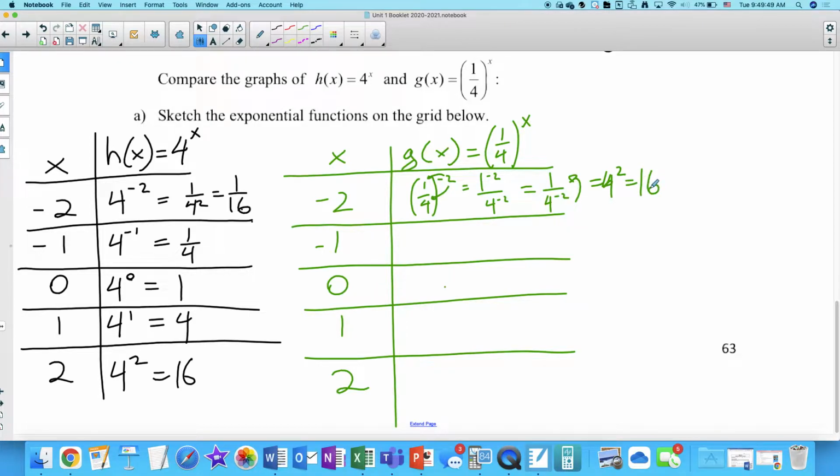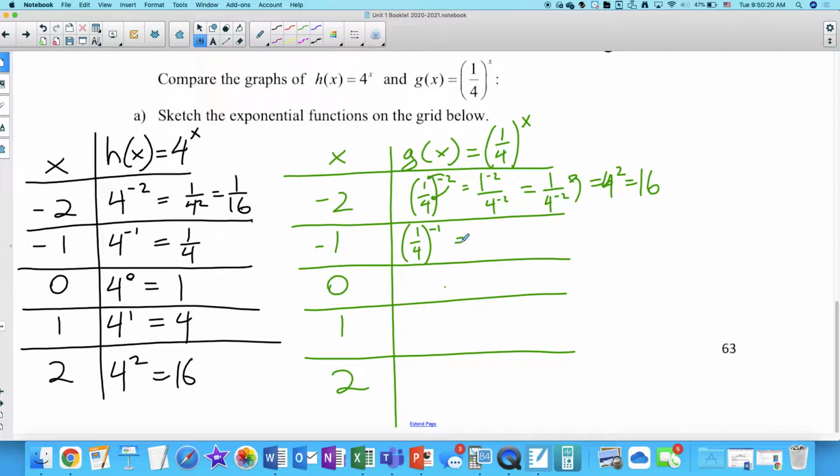So what do we think 1/4 to the -1 is? 4. The other thing is, if the base of your power is a fraction and your exponent is negative, you can just write the reciprocal of the base. So it's the same as 4 over 1 to the 1. This one would be the same as 4 over 1 squared, which is 16.